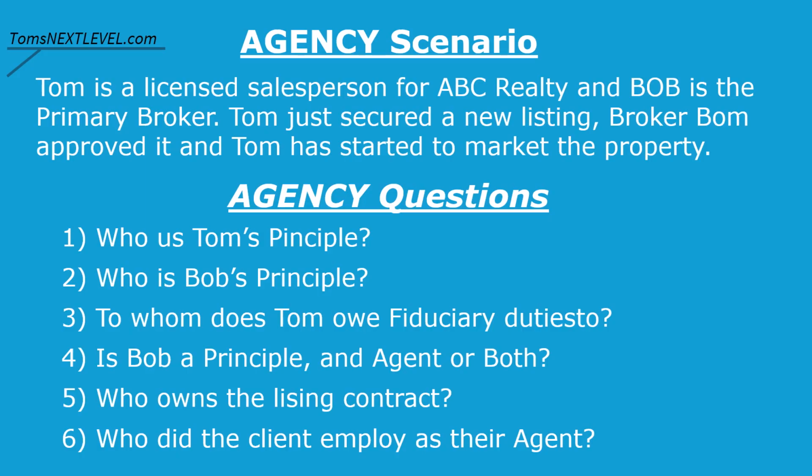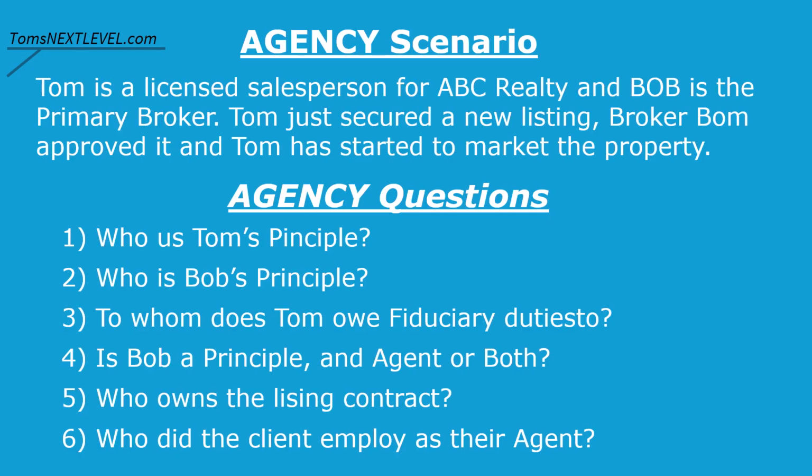Well, let's talk about 6 basic questions about concepts and identify individuals in this scenario. Who's Tom's principal? Who's Bob's principal? Remember, in every agency relationship, there's 2 parties, an agent and a principal. Let's identify those parties. You'll need to do that on the exam. To whom does Tom owe fiduciary duties?